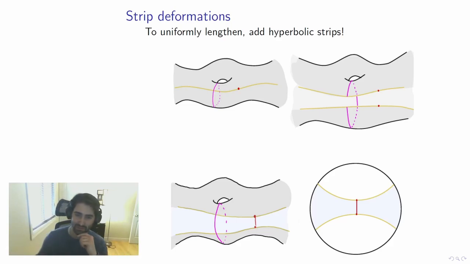You cut along it. So this is the second picture. And then you glue in a piece of the hyperbolic plane, as in the fourth picture, inside your surface to make it bigger. This will lengthen all of the curves that are transverse to this arc. And if you do this with enough arcs, then you get a proper affine action.